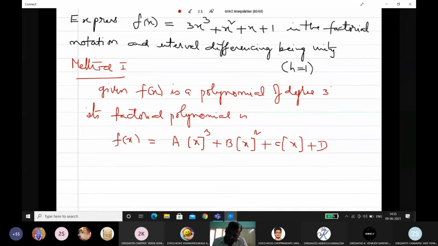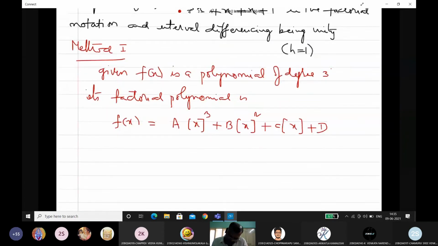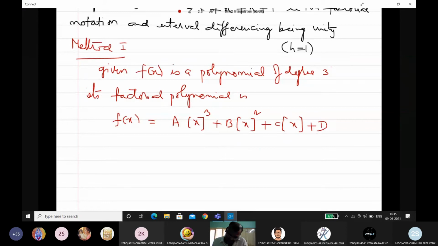Now first we have to write the given, what is f of x? f of x is equal to 3x cubed plus x square plus x plus 1. Very simple.